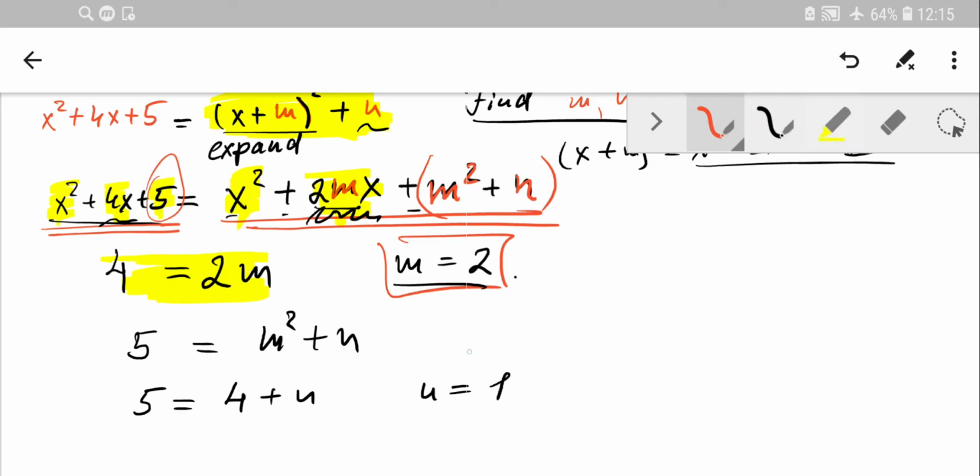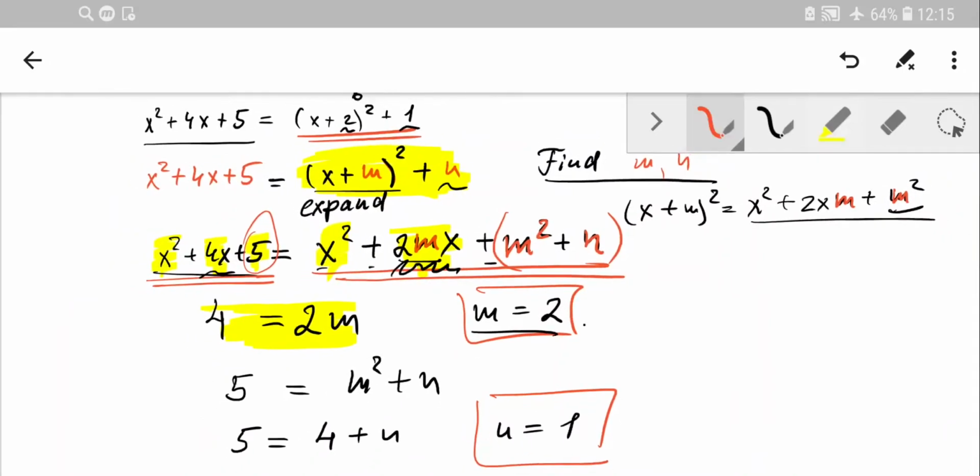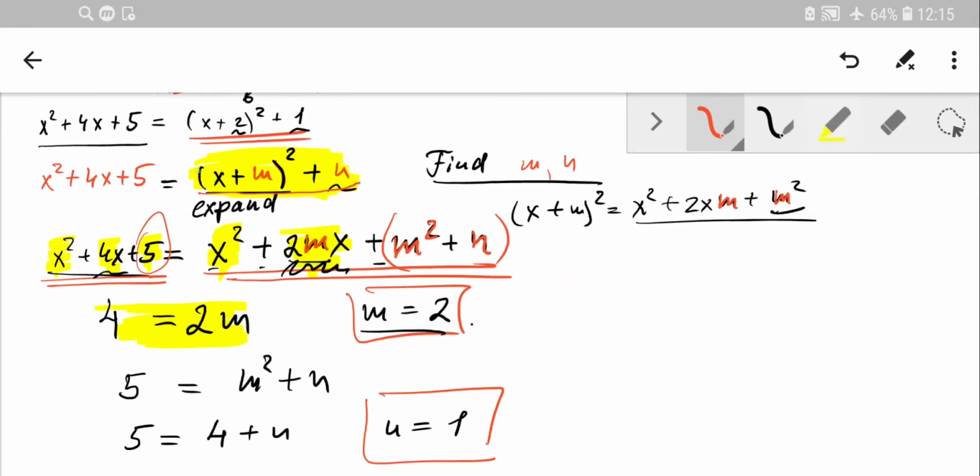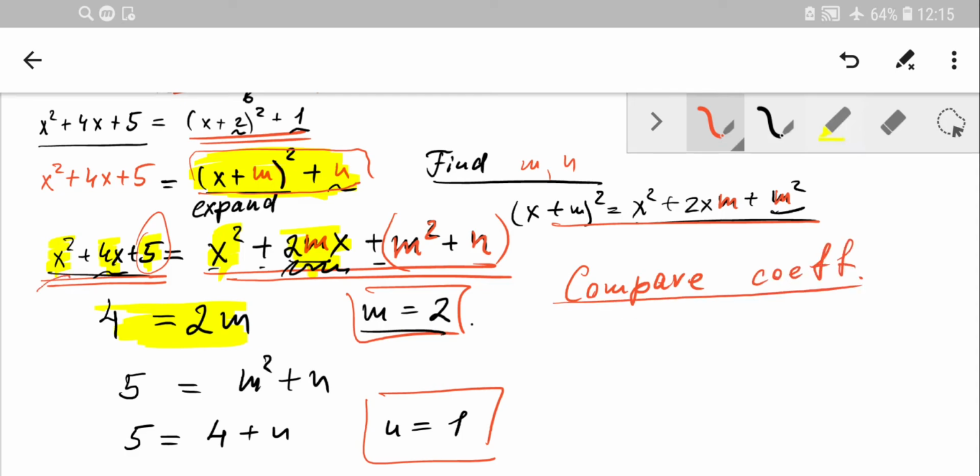This method is pretty straightforward, but first of all, you need to remember this structure. We apply the formula of the square of the sum in an expanded way, and then compare coefficients with your original expression, which you're supposed to turn into a complete square, and on the right side the general expanded form.